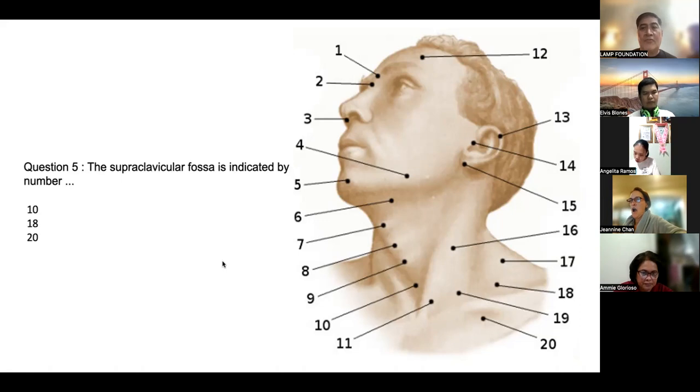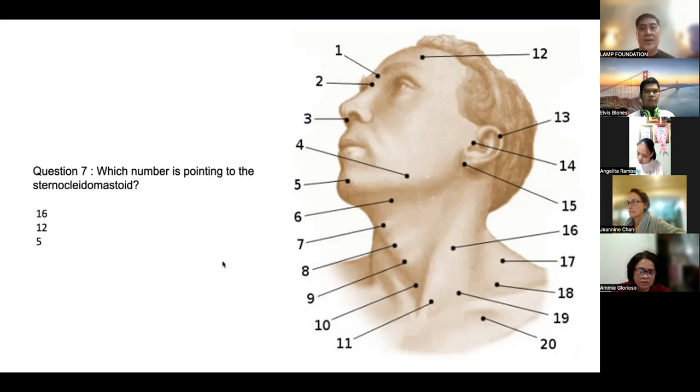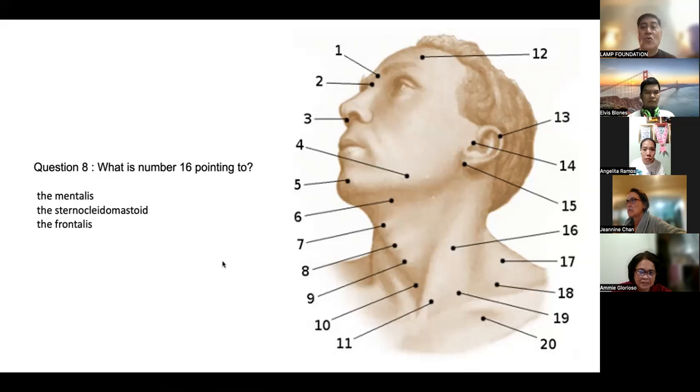Great. Supraclavicular fossa is indicated by what number? Number 18. Number 12 is pointing to what? Frontalis, frontal bone. Okay. Which number is pointing to sternocleidomastoid? Number 16. What is number 16 pointing to? Sternocleidomastoid.